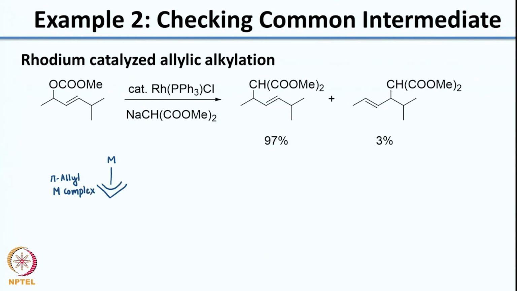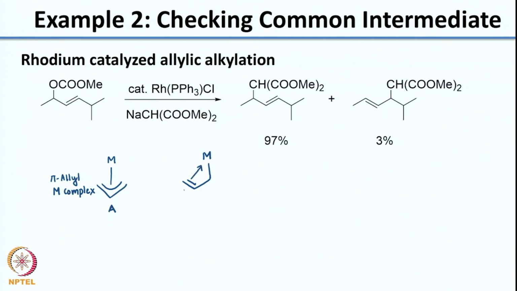Now, the other possible intermediate is, so this is possibility A. Possibility B is you can think of a sigma bond between the metal and this allylic ligand, and you can also see the pi bond interacting favorably.